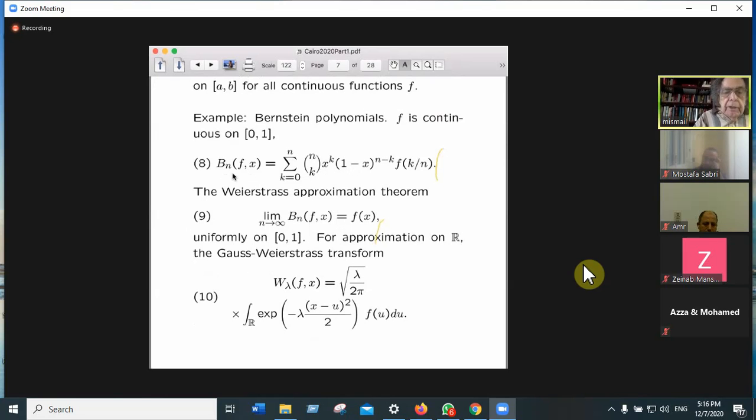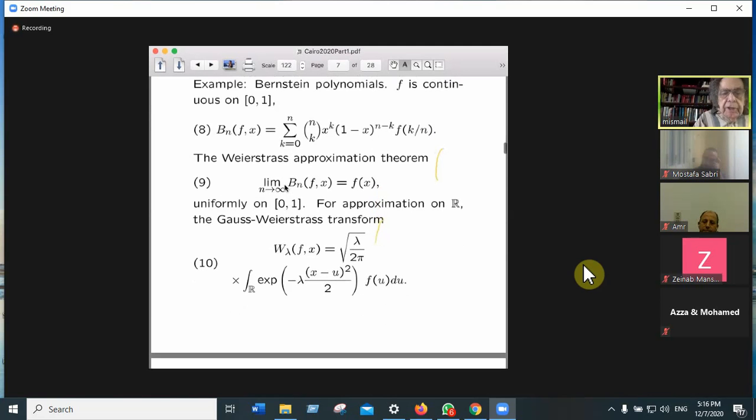In his proof, if you read it carefully, he did use the action on the 3 functions, and then from there somehow he found the general convergence. So the Korovkin Theorem is very important and very useful.